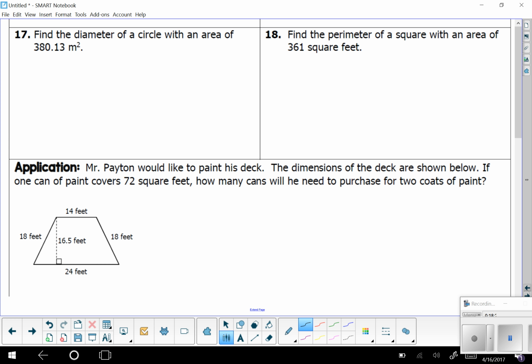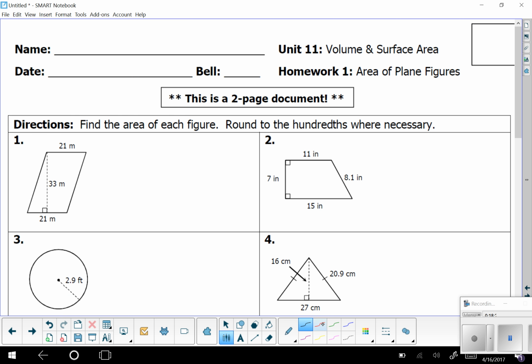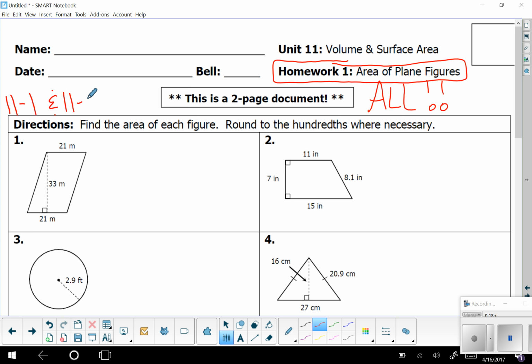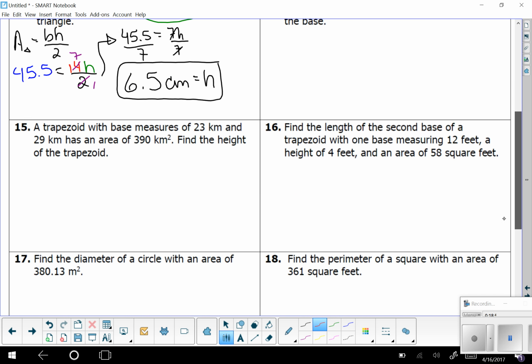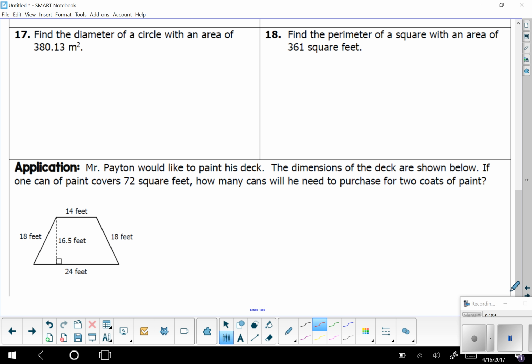Your homework for tonight will be homework number 1. You need to do all. This takes care of section 11.1 and 11.2. So please go back and do 14. Actually, you have to do 11, 12, 14 through the rest of the page, and then come back and turn the video back on.